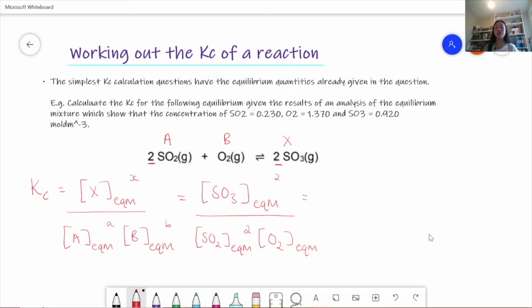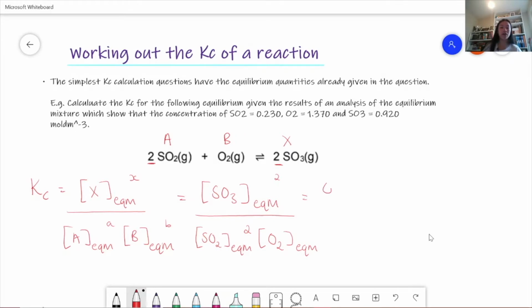So it's really important to remember that Kc measures the ratio with the products at the top, because if you did this fraction the other way around, it wouldn't work. So using these values that they've given us for the equilibrium mixture concentrations, we can then work out Kc.